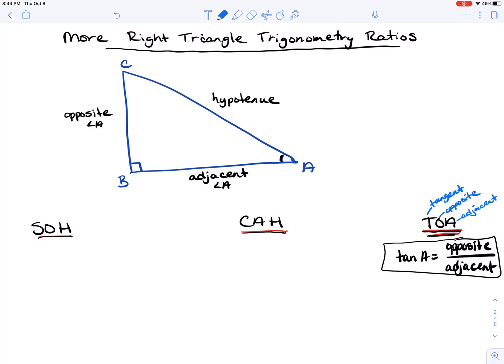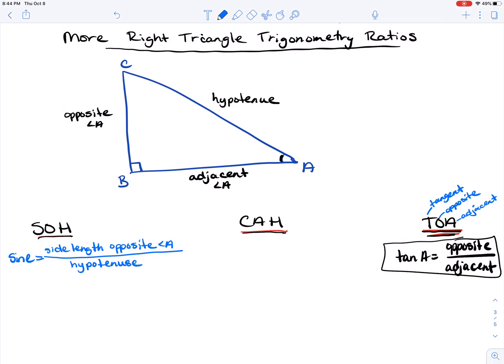The S equals the sine. This is the sine ratio. And then the O, the same as in TOA, is the side length opposite angle A. And the H is the hypotenuse.